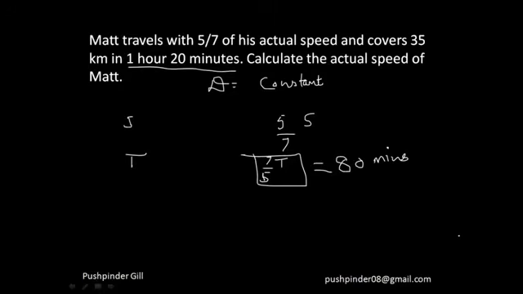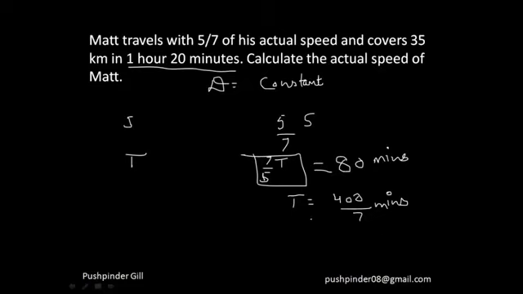So from this you can calculate that he was actually taking 80 into 5, that is 400/7 minutes. This is what he was actually taking when he was traveling the same distance.